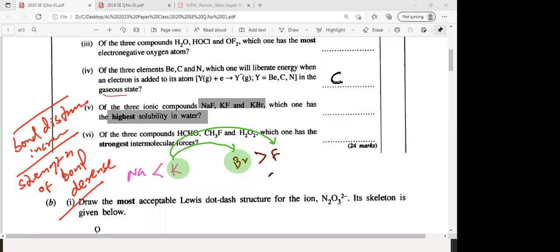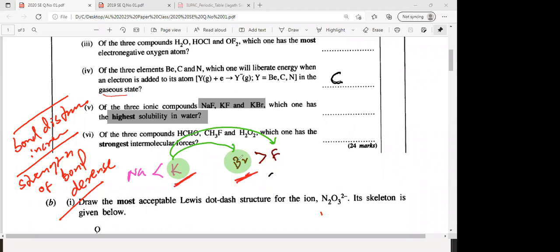When the bond distance increases, strength of the bond decreases. When the strength of the bond decreases, it's easy to break it.